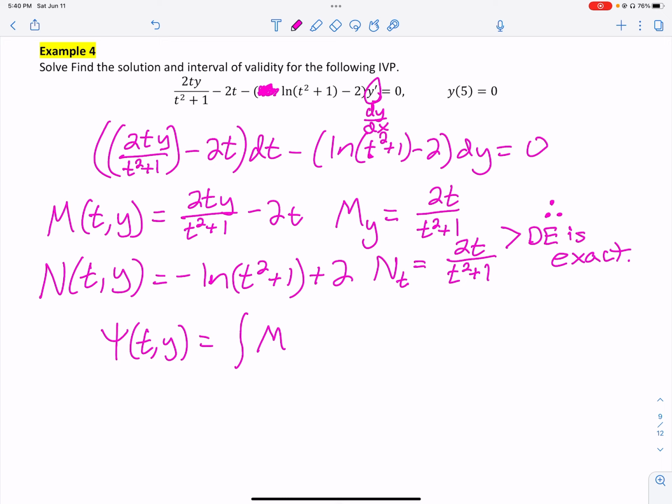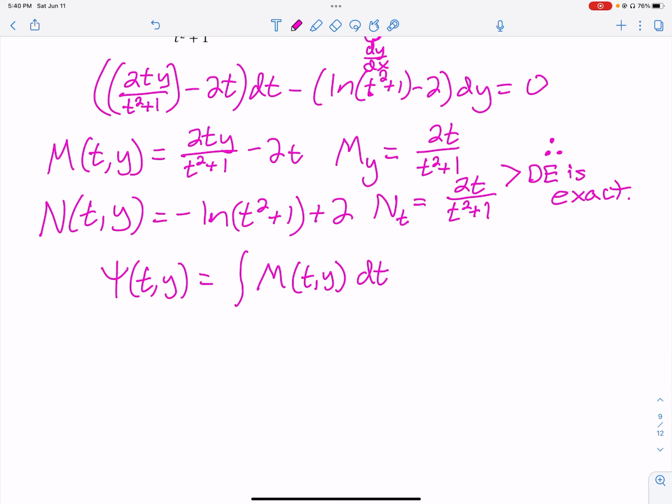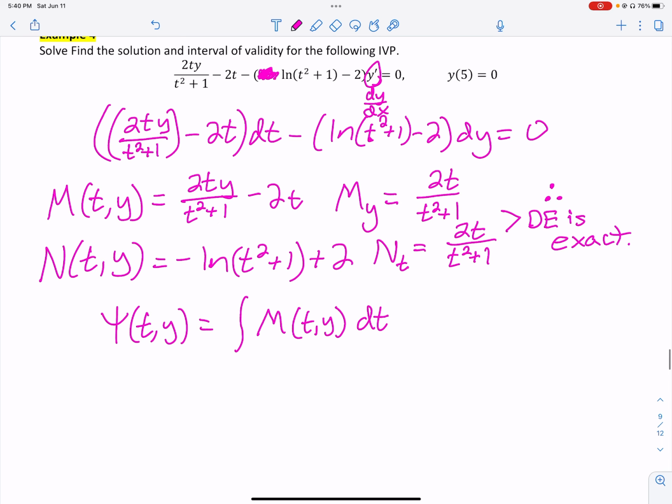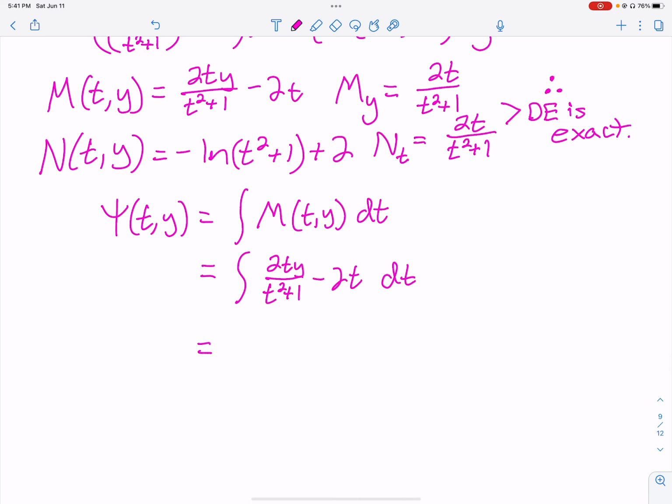All right, so if I want gamma, then I take the integral of M with respect to t, because I know M was a partial with respect to t to get M. So I plug in all of M, so 2ty over t squared plus 1 minus 2t dt. Okay, this is going to be a u sub.